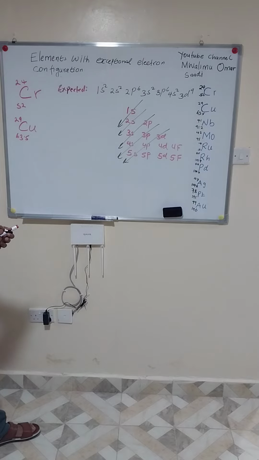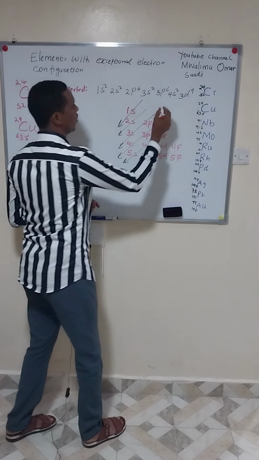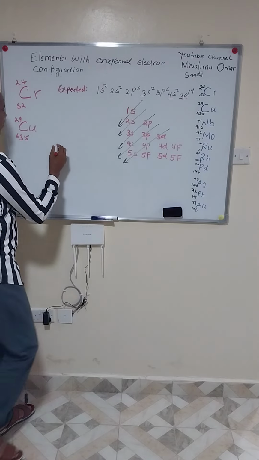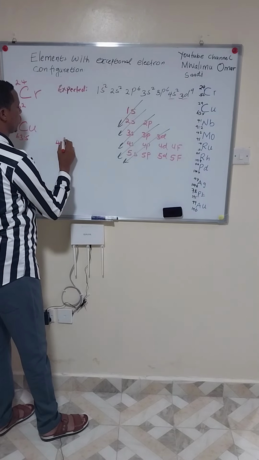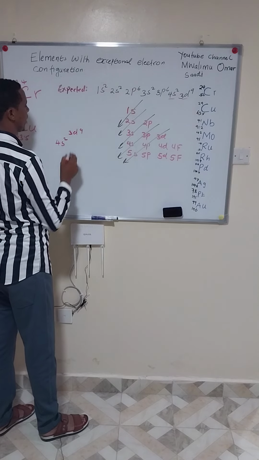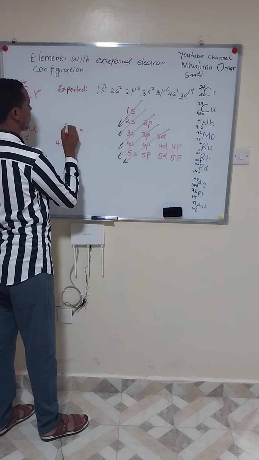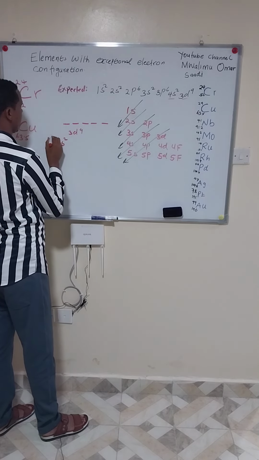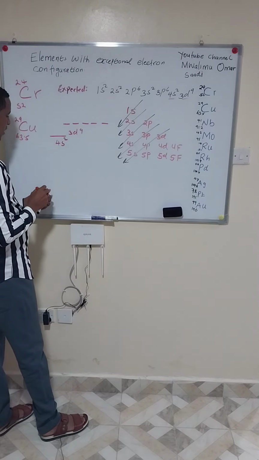So we'll again draw our last 2 shells. So here we have 4s2 and then 3d9. d has 5 sublevels, 1, 2, 3, 4, 5, and then we have 4s.